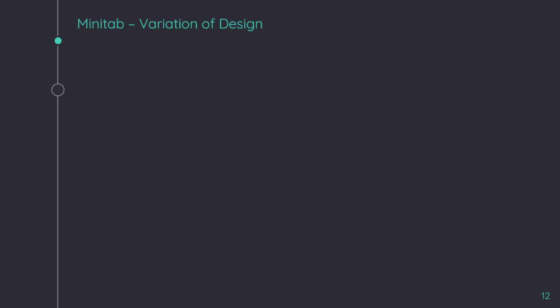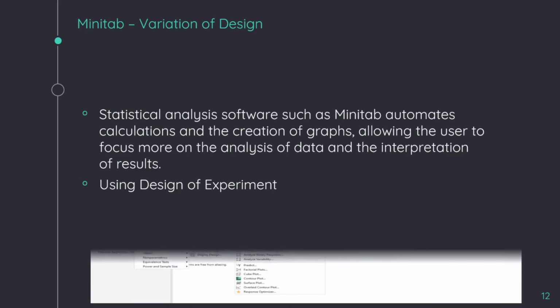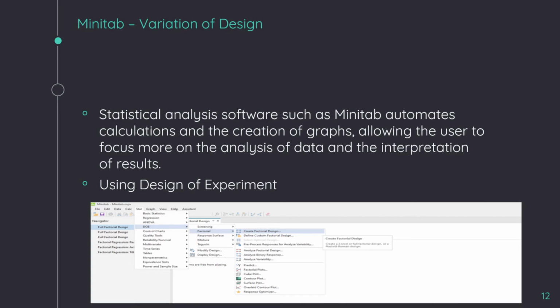For the variation of the haptic, we use Minitab software to do a full factorial design using design of experiment. Basically, Minitab is statistical analysis software that can automate calculation and the creation of graphs, allowing the user to focus more on the analysis of data and the interpretation of results. We get 16 different variations of haptic design from the factorial design based on the parameters we set. What makes it more exciting is that we improvise.